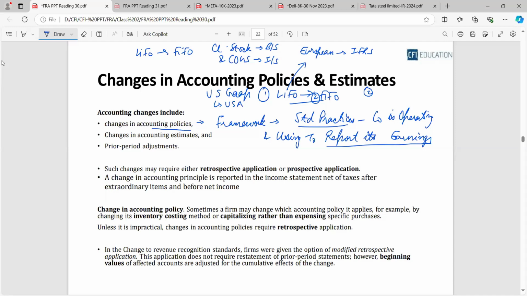It can go either way: they might change from capitalization to expense, or from expense to capitalization, if they think the expense incurred should have its effect for a number of years, not for a single year, and that they would be able to derive its usage over multiple years. So they might change their approach from expense to capitalization, or, if they are in capitalization, the reverse course, from capitalization to expense. Both of these are the best examples of a change in accounting policies.